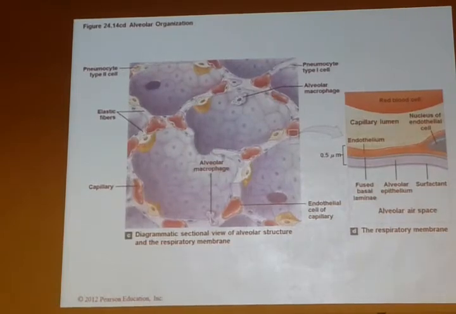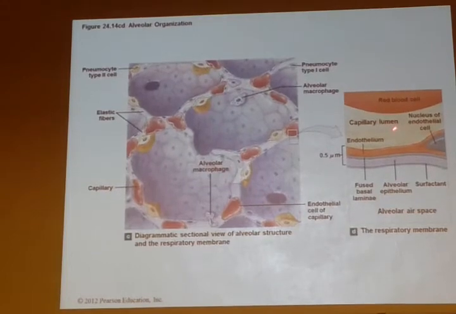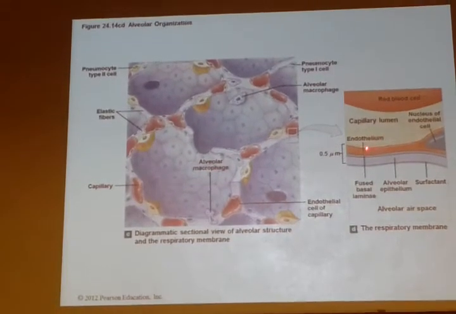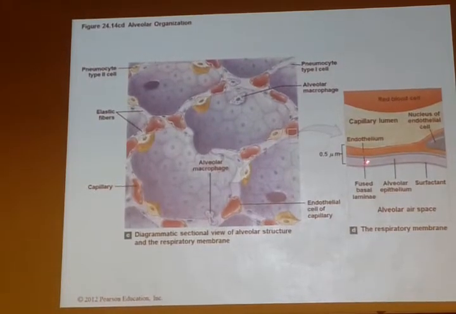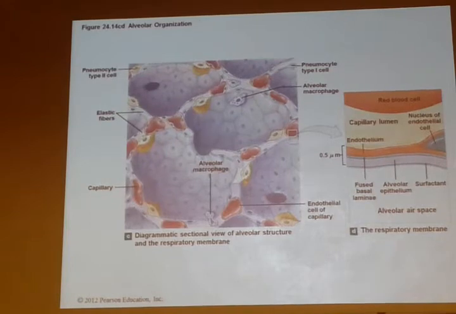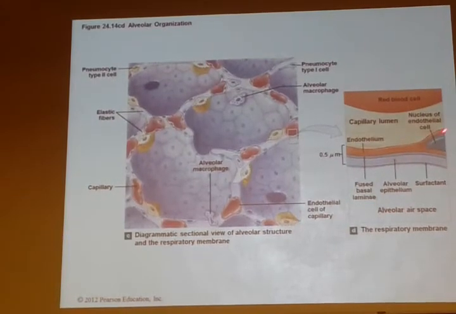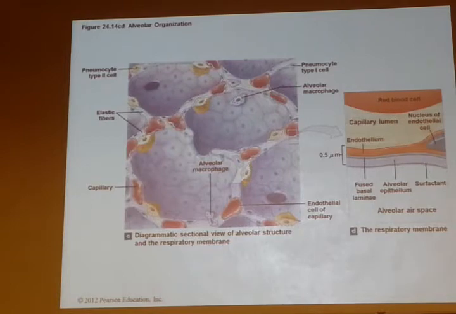So here's the diffusion barrier. We've got red blood cells, plasma, but the actual diffusion barrier for CO2 that is made up by the lungs is the alveolar epithelium, which is our type 1 pneumocyte, our capillary endothelium, which turns out to be another simple squamous cell, so again very thin, and then the shared basement membrane.